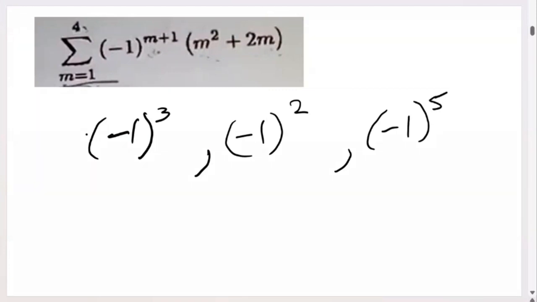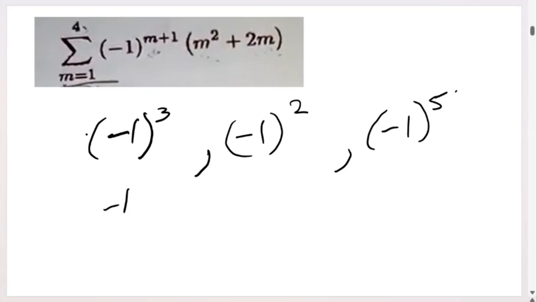Okay, when it's a negative number to an odd power, because 3 and 5 are odd numbers, you are going to get a negative number. Okay, when the power is 2, your negative number is going to be equal to positive.